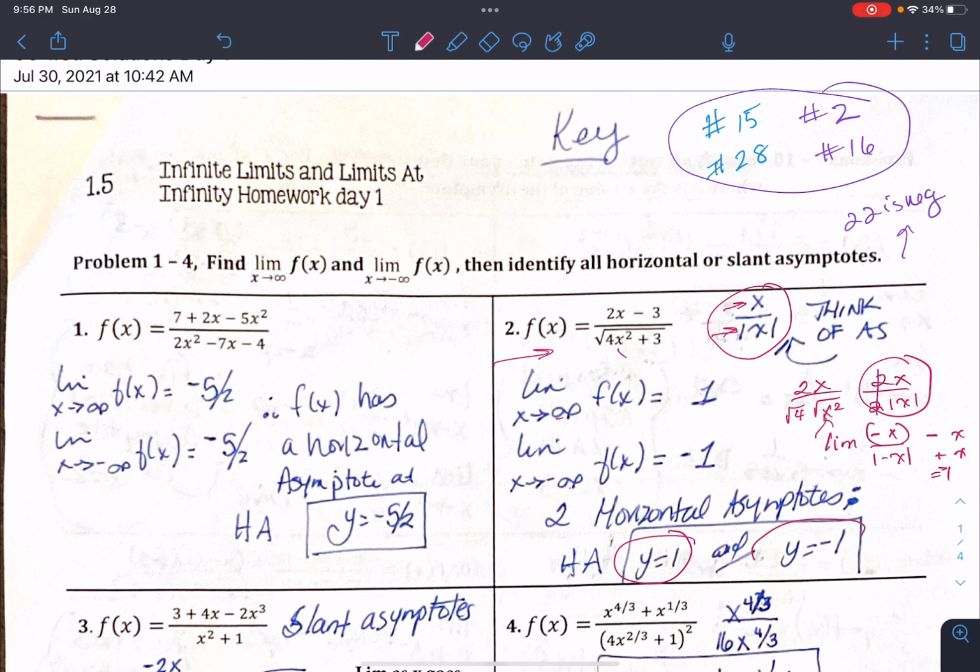So you have another horizontal asymptote at y equals negative 1. So you have 2 of them. And that idea is definitely on the test. I've gone over it a couple of times, so make sure you understand it.